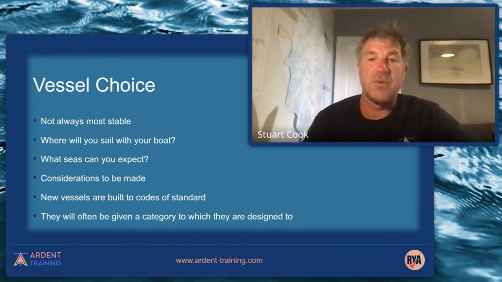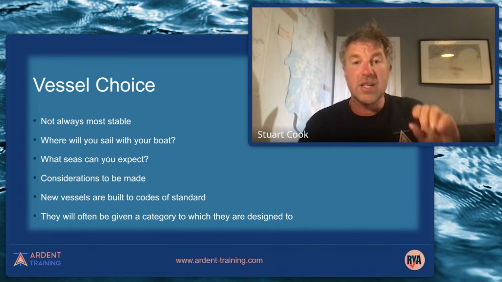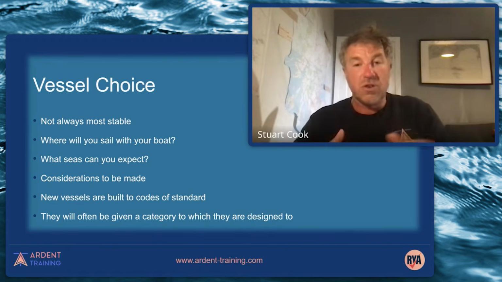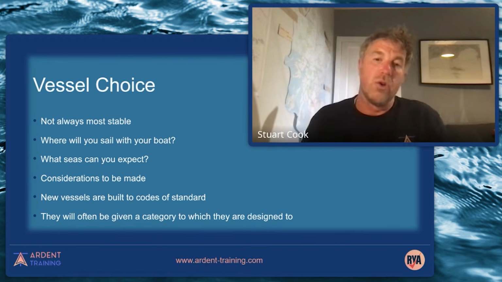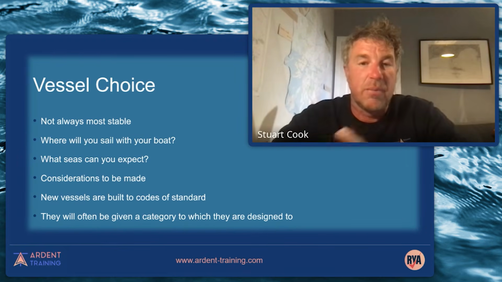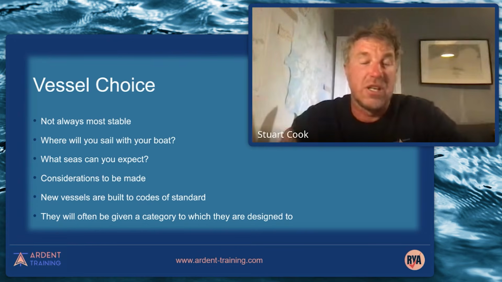They'll get given a category and they'll say, this vessel is suitable for inland waterways, this vessel's suited for riverways, coastal sheltered areas, the start of offshore, larger offshore, and ocean. And they've all got various letters or numbers associated with them. So a vessel is already designed for a certain area.